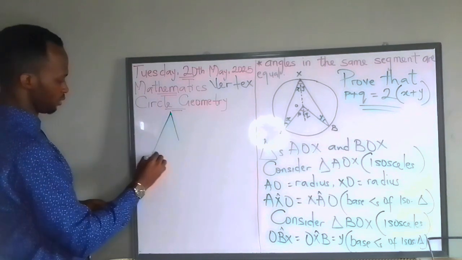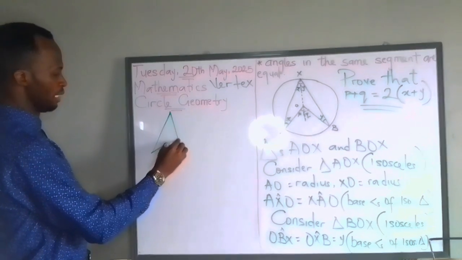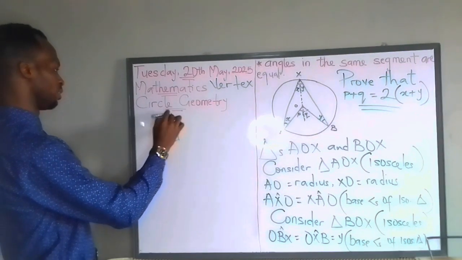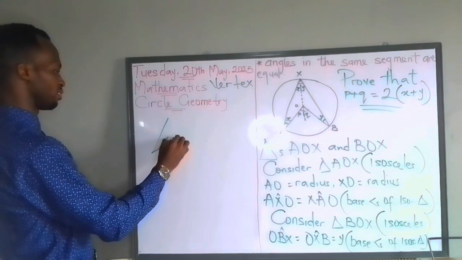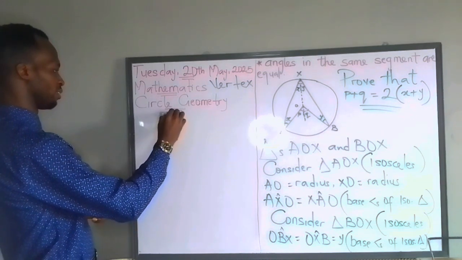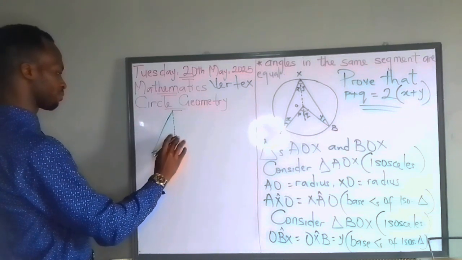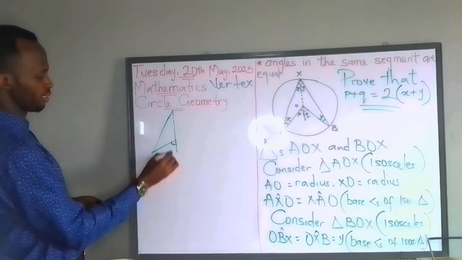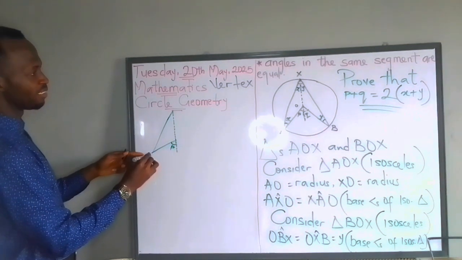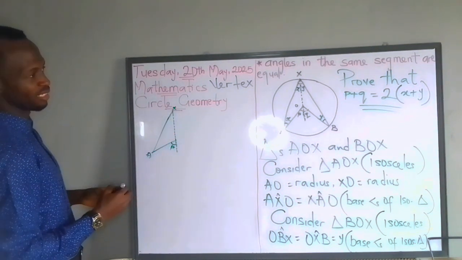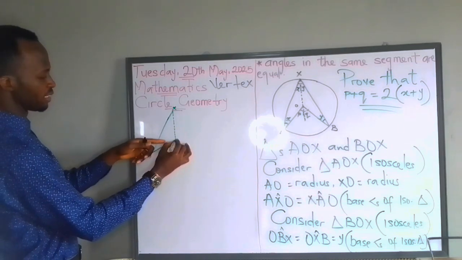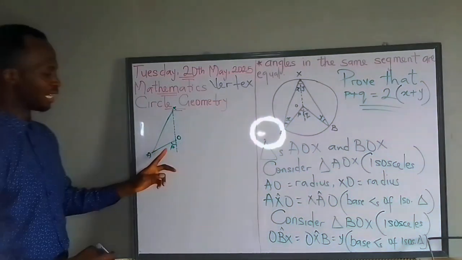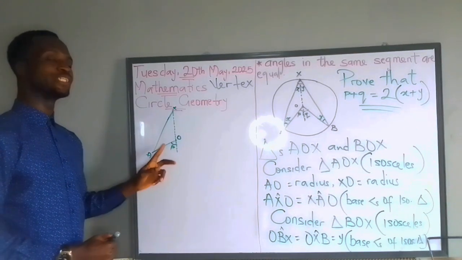You'll see something like this, and then you'll see that the angle at P, this is angle P. This is A. This is X. Can you see that? Now, this point here is point O. If you observe closely, you see that angle P is an exterior angle.